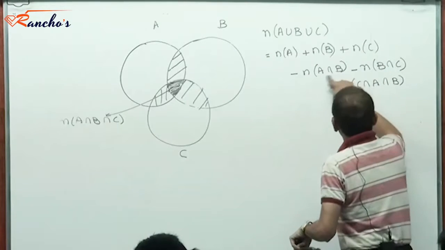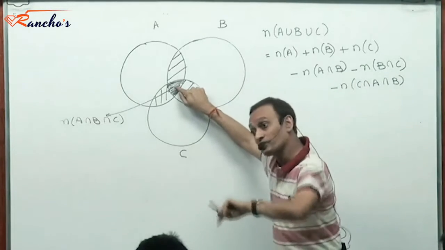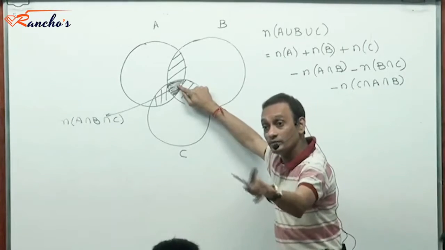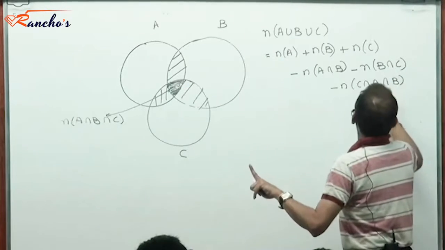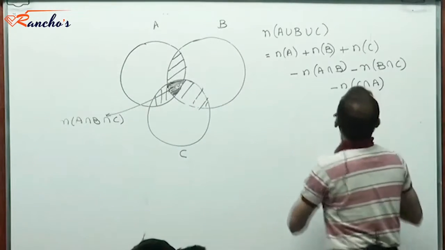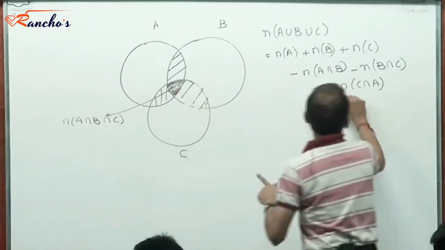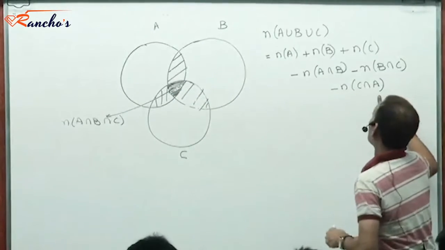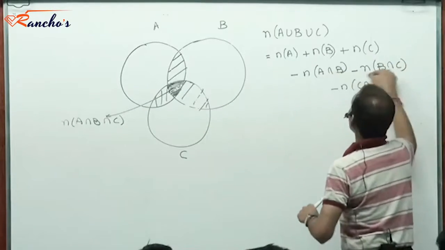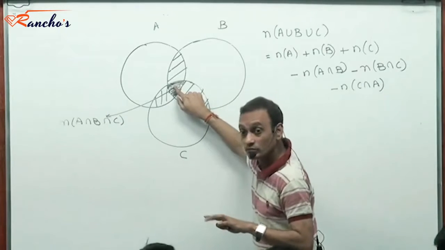But they have also been subtracted thrice, because A and B include this set, so they have been excluded once. B and C include these elements, so they have been removed one more time. C and A, these elements have been removed one more time from this set. That means this set, which has appeared 3 times, has also been removed 3 times. Therefore, there is no appearance of this set anymore.